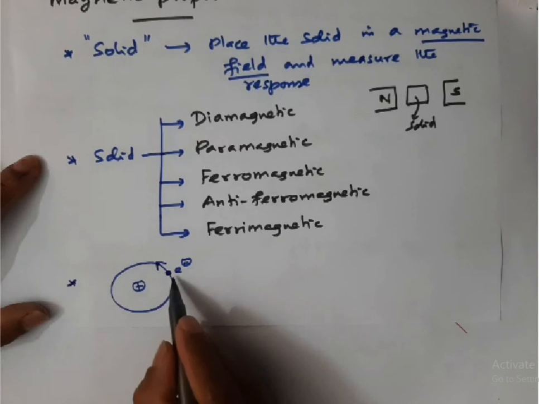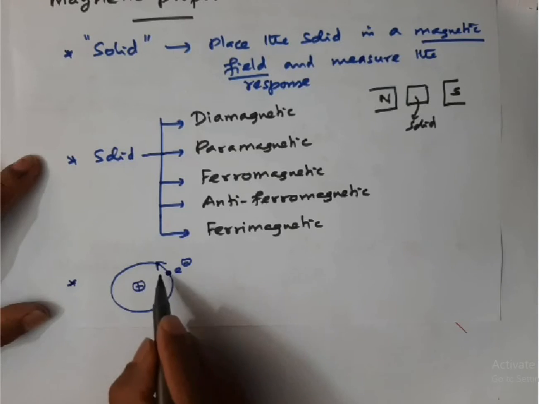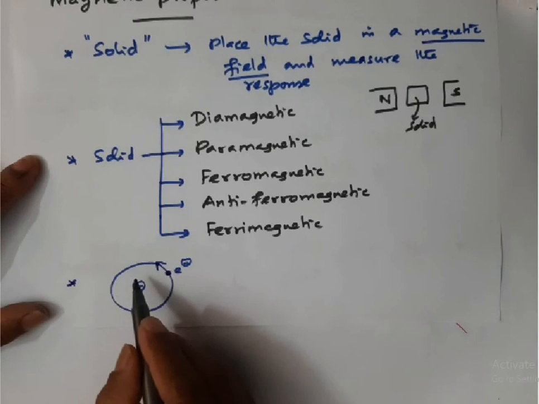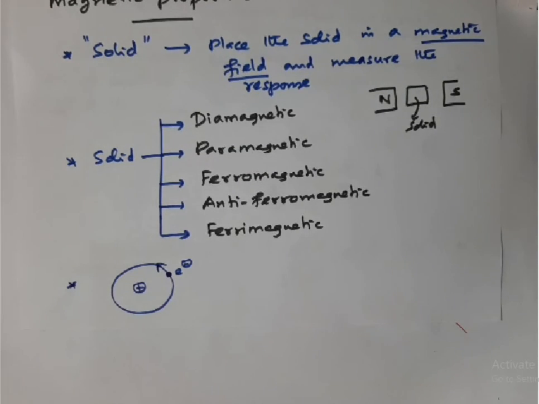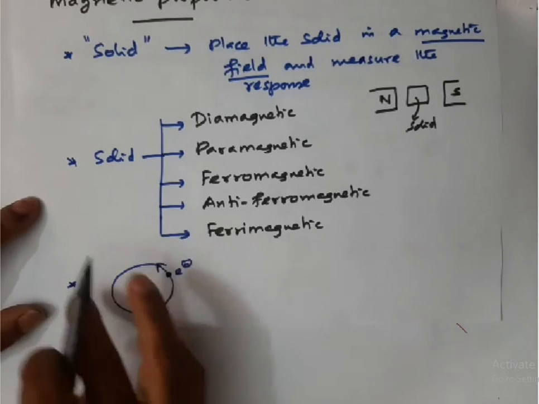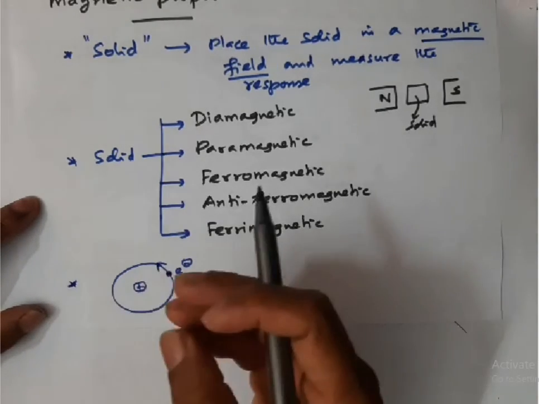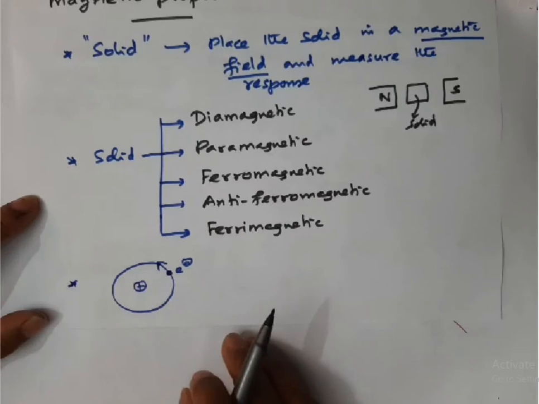You know very well, an electron carries charge. Electron is a charged particle. Whenever a charged particle moves in a fixed orbit, we get a current. And you know very well, wherever current is there, a magnetic field will be produced. So this circulation of electron will produce what is called the magnetic field.